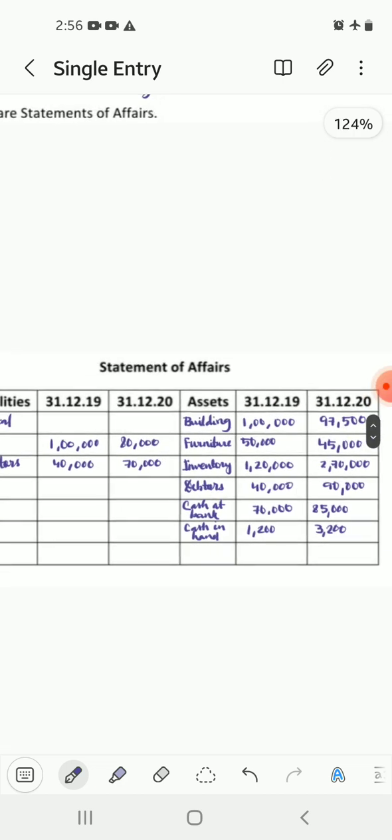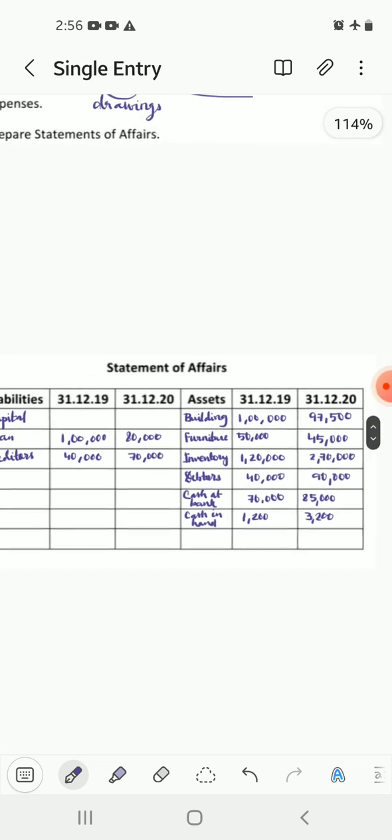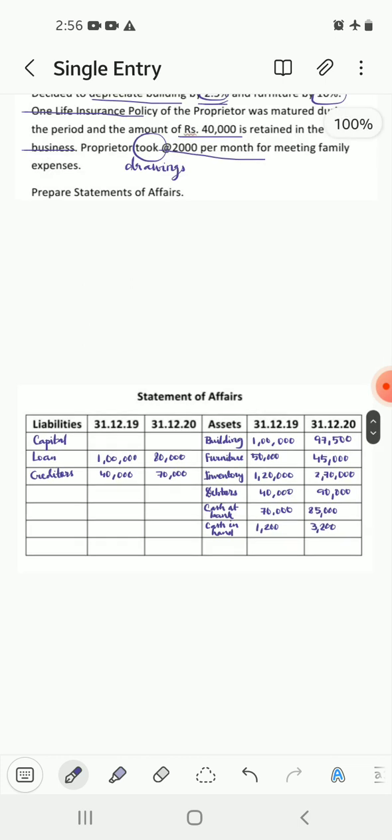Okay, now you can see we need to balance. Assets are equal to liabilities, so let's add. The balancing figure will be filled in here in the place of capital.